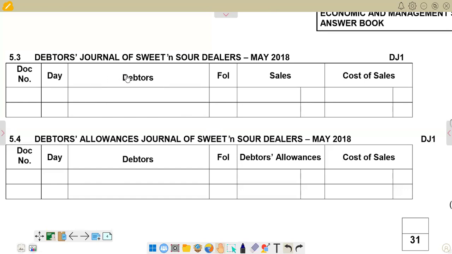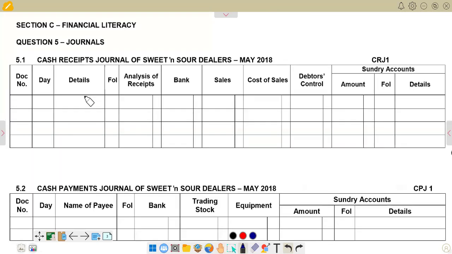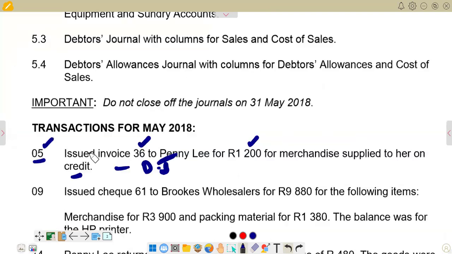So on this debtors journal, remember we've already taken note of the document number and the day, and we can enter those. We are saying the document number is invoice 36. We can just go back to refer to that document number. If you come here, you'd see that the document number we're given is invoice number 36, and the date is 5.